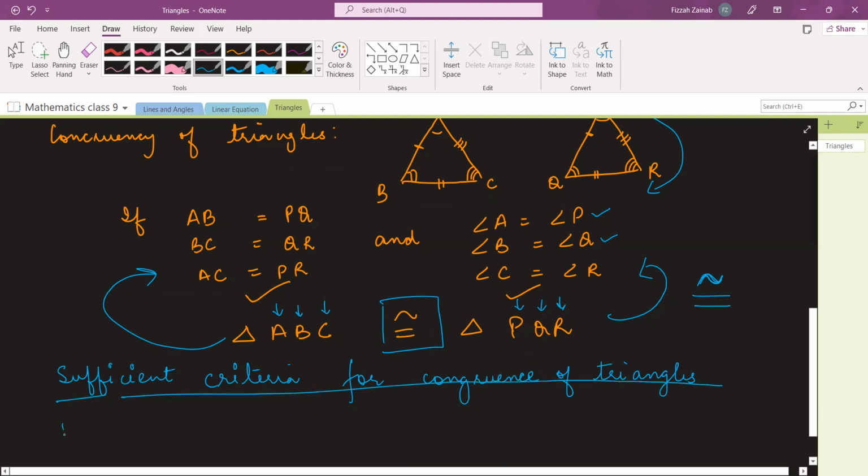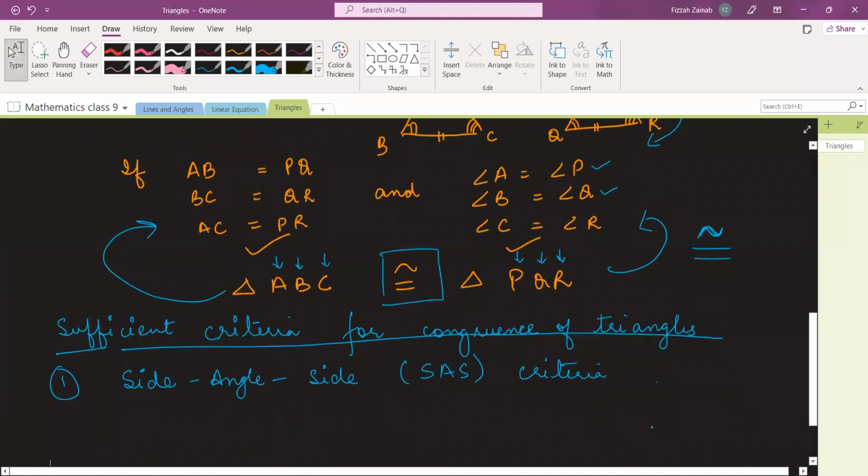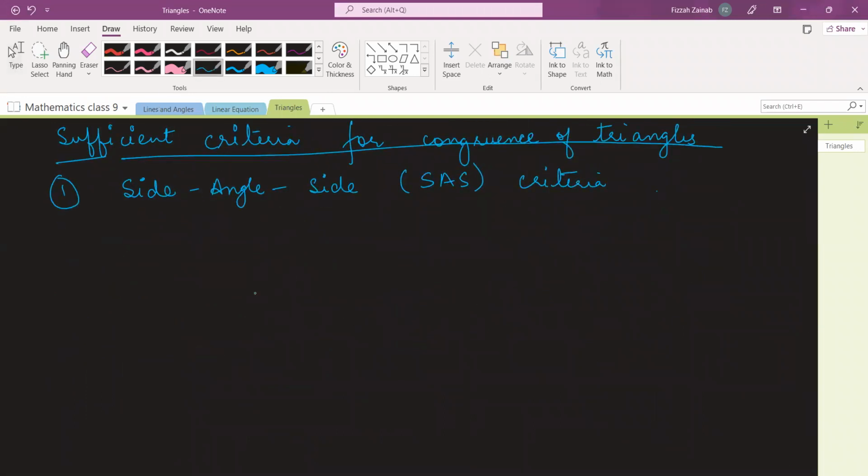So the first condition we will learn is called side, angle, side. In short, SAS criteria. Now, what does it mean? Please understand.